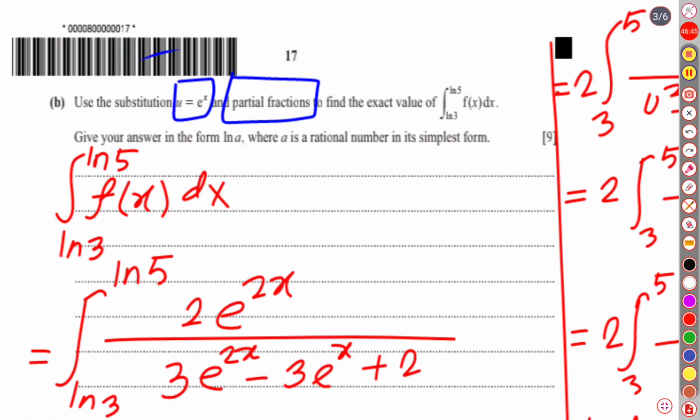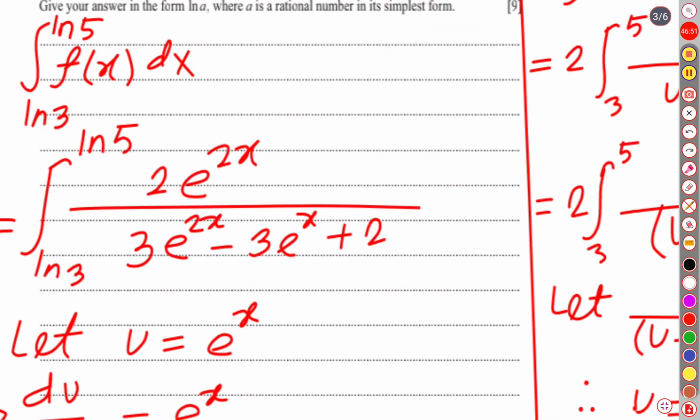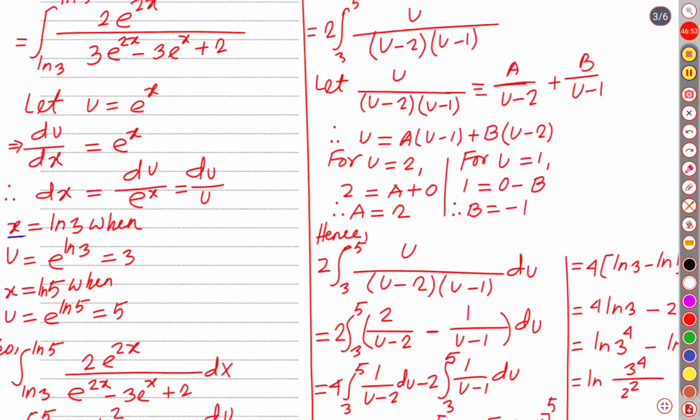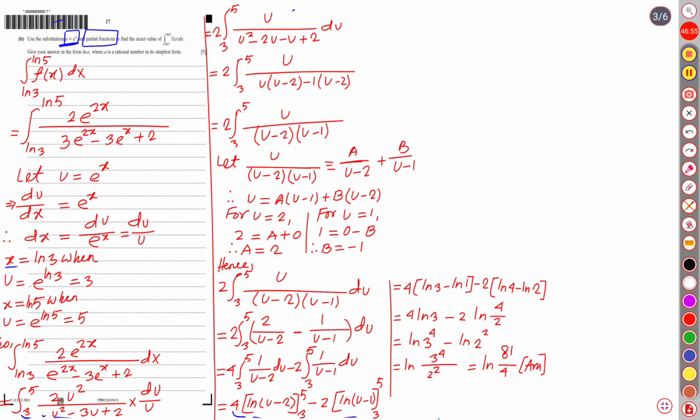First of all, look, whenever u substitution is applied, we should not ignore the value of dx. You will have to obtain the corresponding value of dx. That's why first of all we have found the value of dx. Then the second part is the limits. The limit was ln 3 until ln 5.